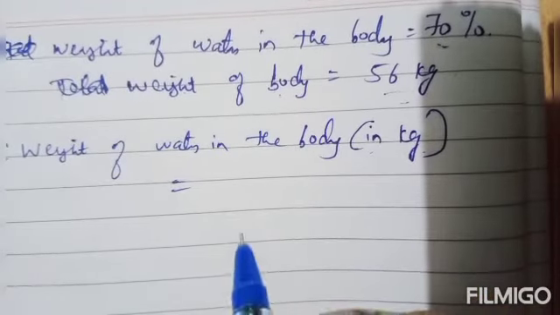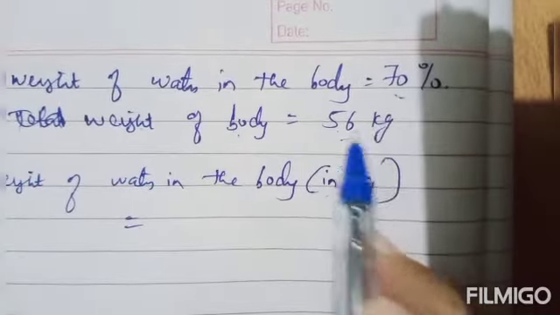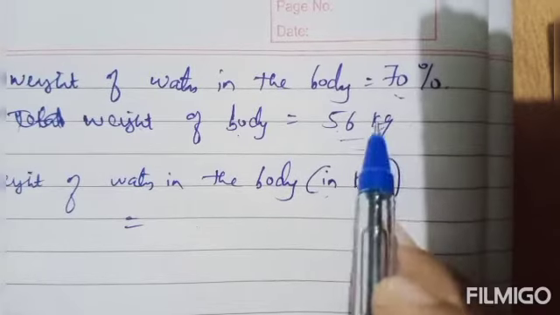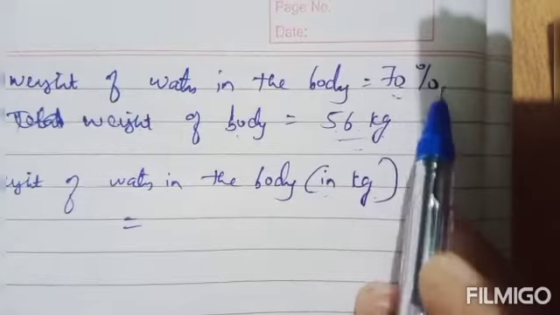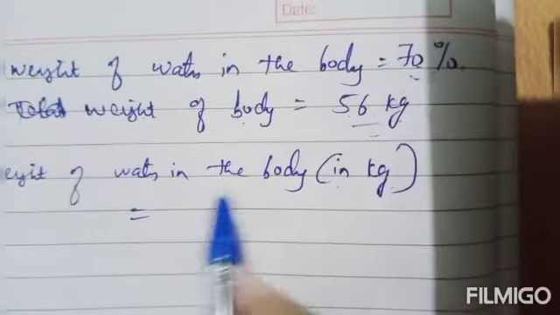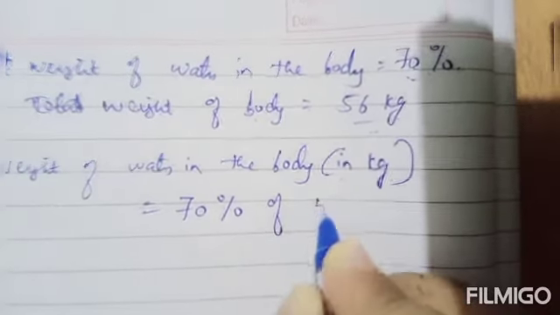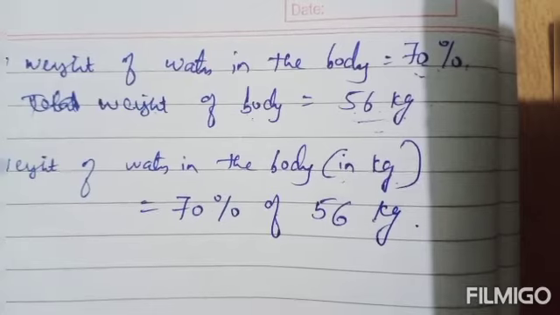How can you find it? Just find 70% of 56 kilogram. Out of this 56 kilogram, 70% is water. That is the weight of water in his body.